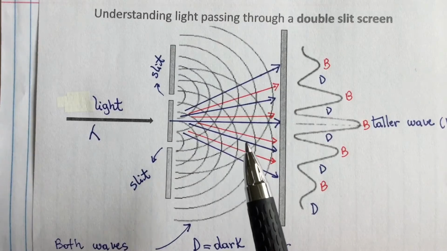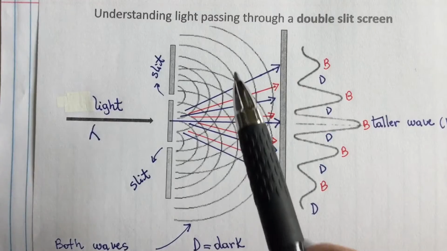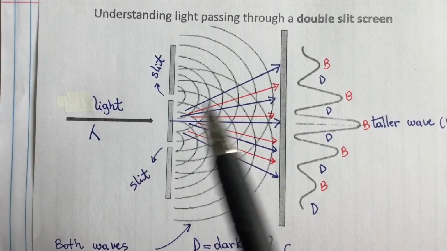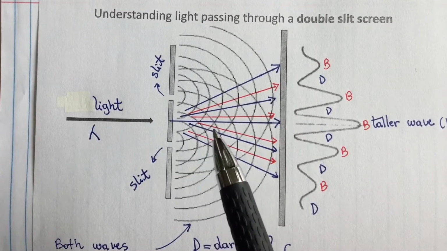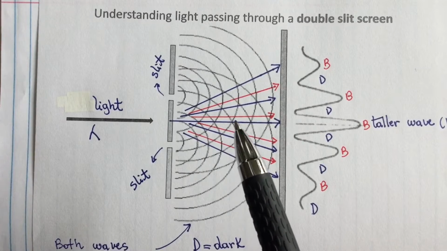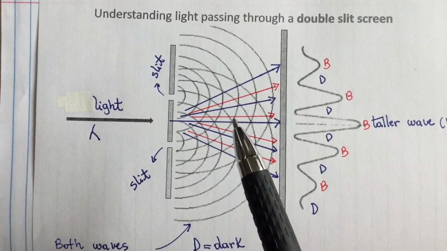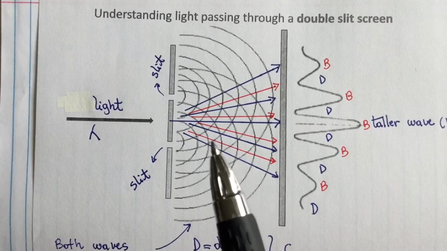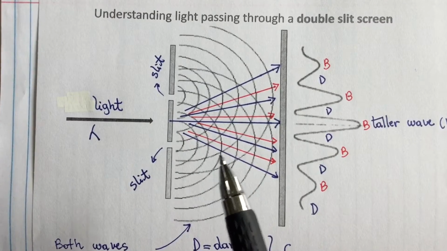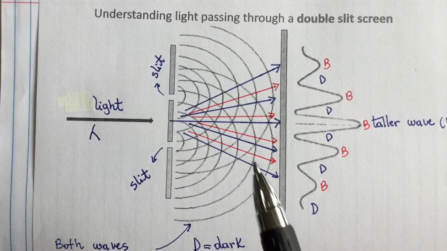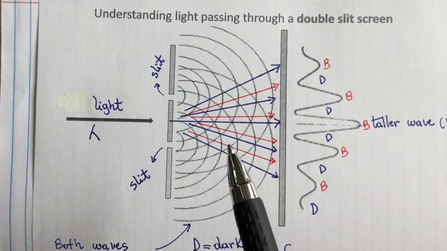Constructive and destructive interference occurs when a crest from one light wave crosses with a crest from the other light wave, producing constructive interference. And when a crest from one wave intersects with the trough of the other wave, it creates destructive interference.